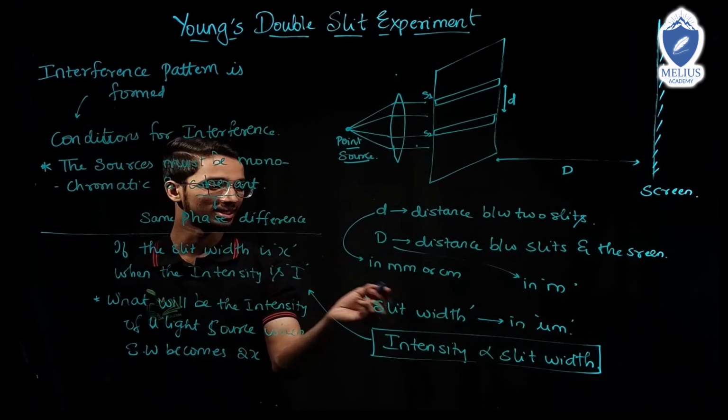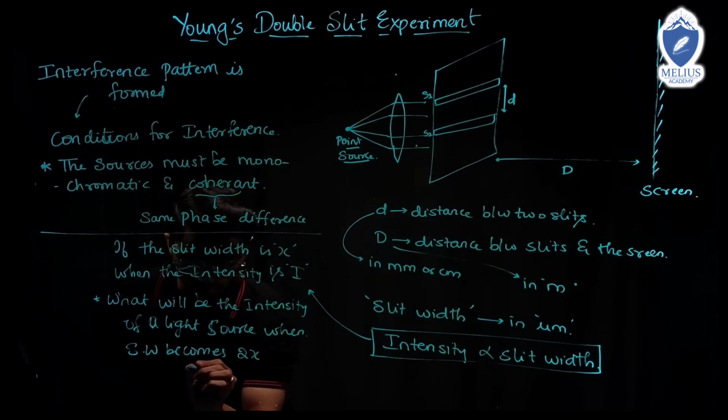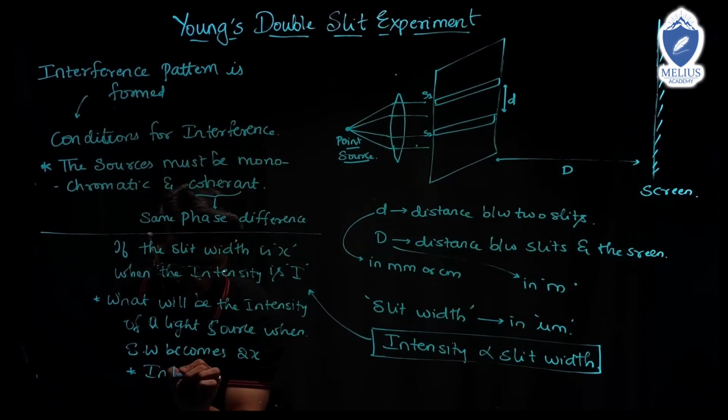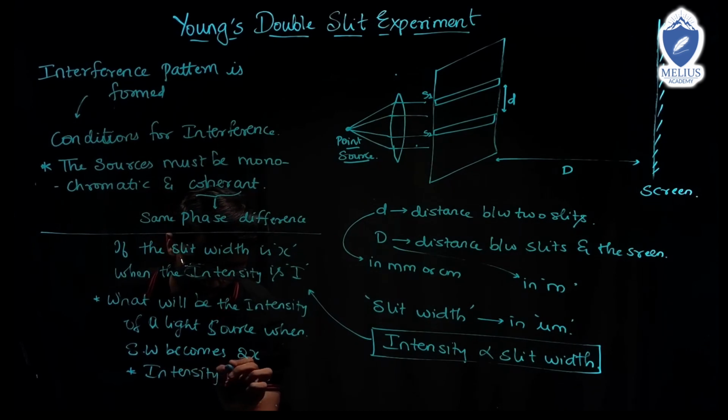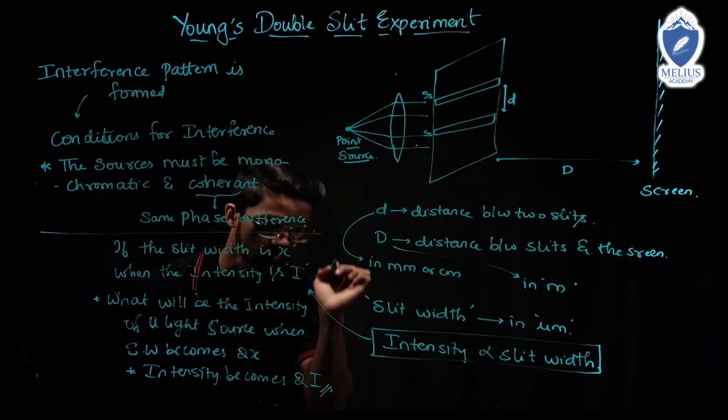It is directly proportional, right? If slit width becomes double, then intensity will also become 2 times I.